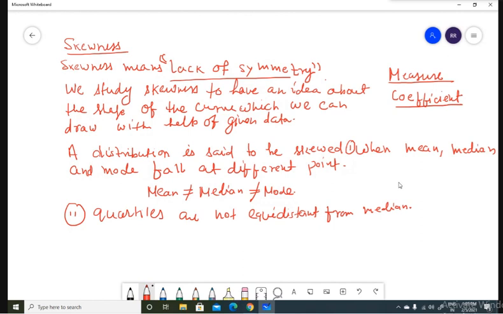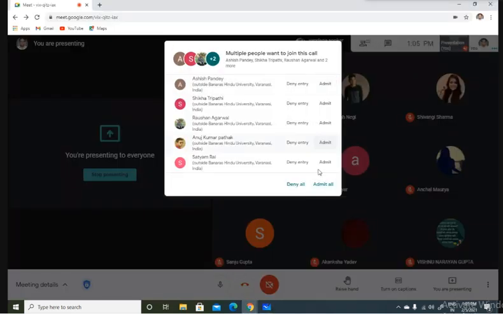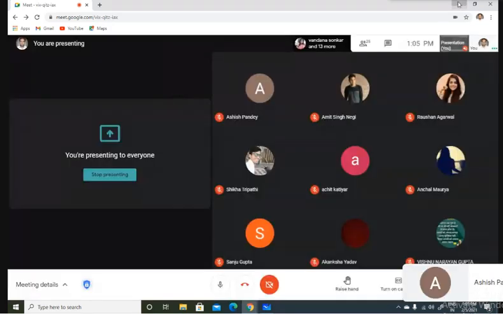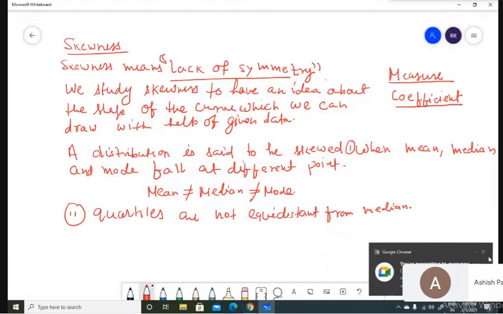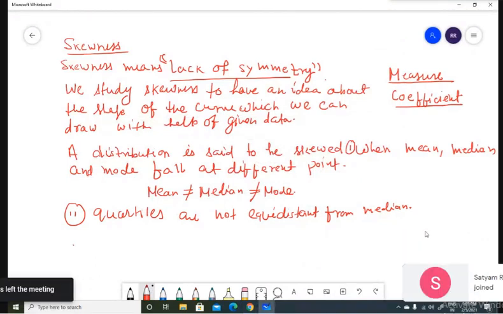Okay, and the third point is the curve drawn with the help of data is not symmetric.